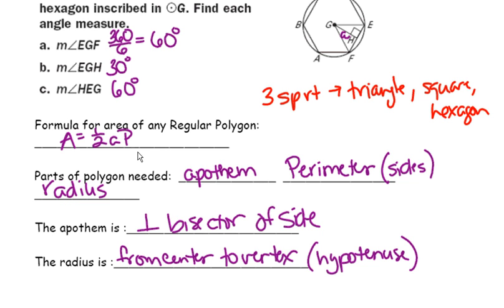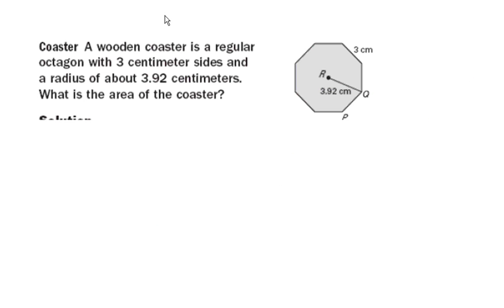This formula works for any regular polygon, not just those. It's just that those 3 have a special right triangle formed by the apothem, the half side, and the radius. So for example, if we have a coaster that's an octagon, we can still use that formula, area equals 1/2 AP, it just is not going to contain a special right triangle.